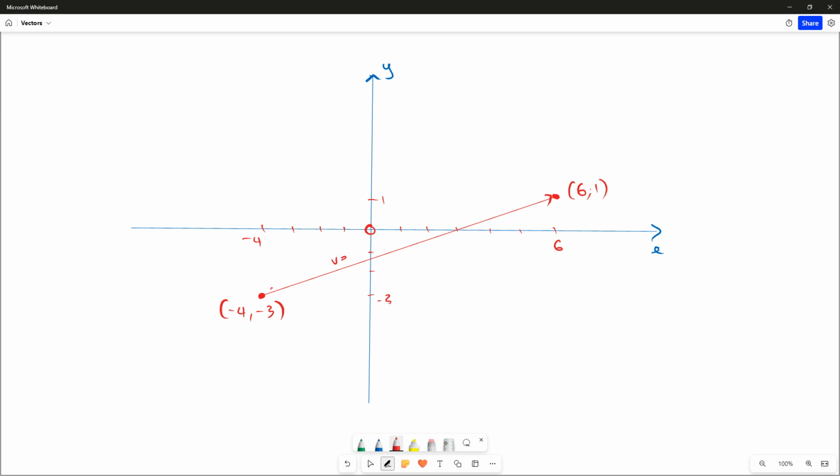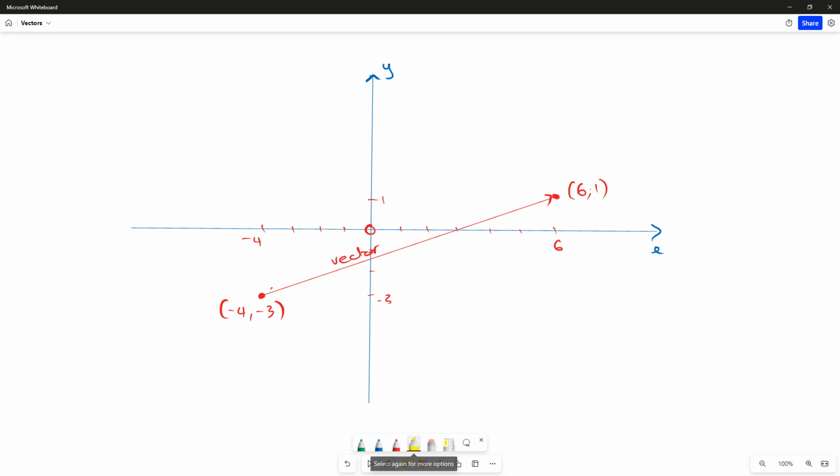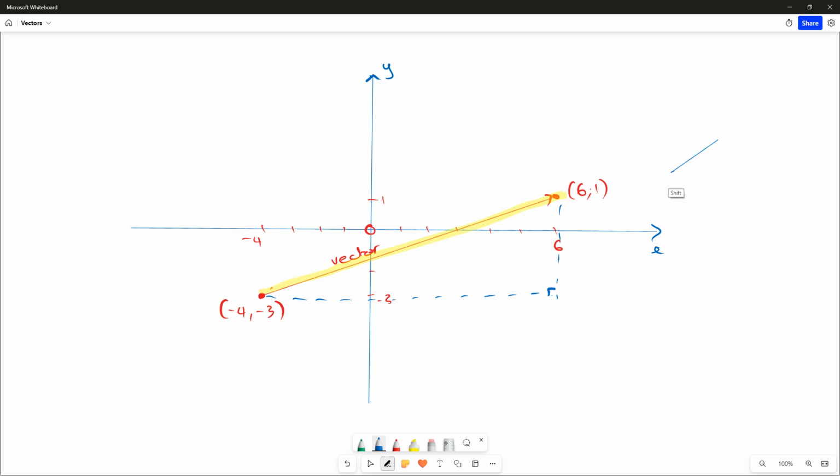This over here is a vector, and we can work out the magnitude using Pythagoras. The magnitude will be the length of this entire line. To find the length of the entire line, I can form a right angle triangle and use the right angle triangle Pythagoras theorem, basics, fundamental A, B, C. I can see this length over here is 4 plus 6, so this length at the bottom is 10.